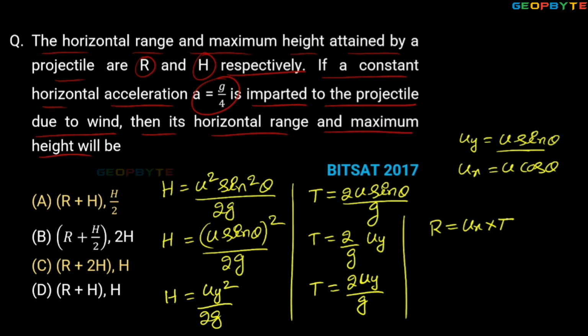But because of the wind effect, the horizontal acceleration is becoming g by 4. Then the new horizontal range s equal to ut plus half at square. This is one of the equations of motion.